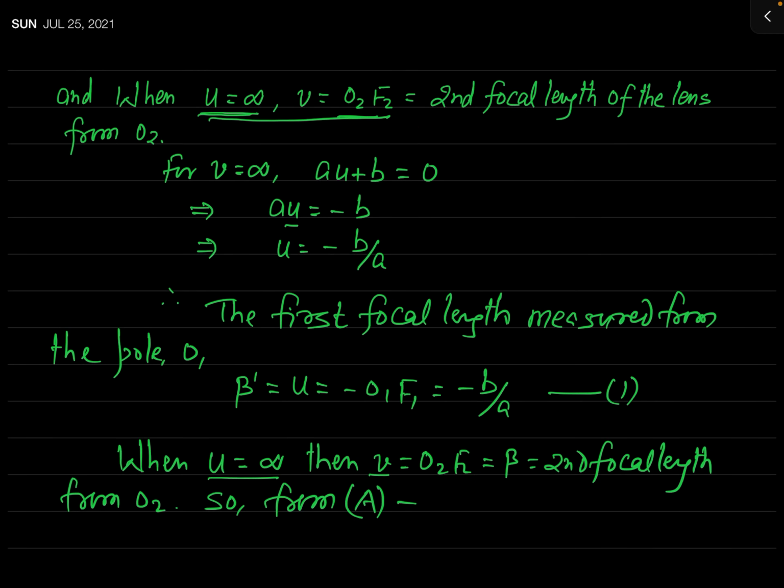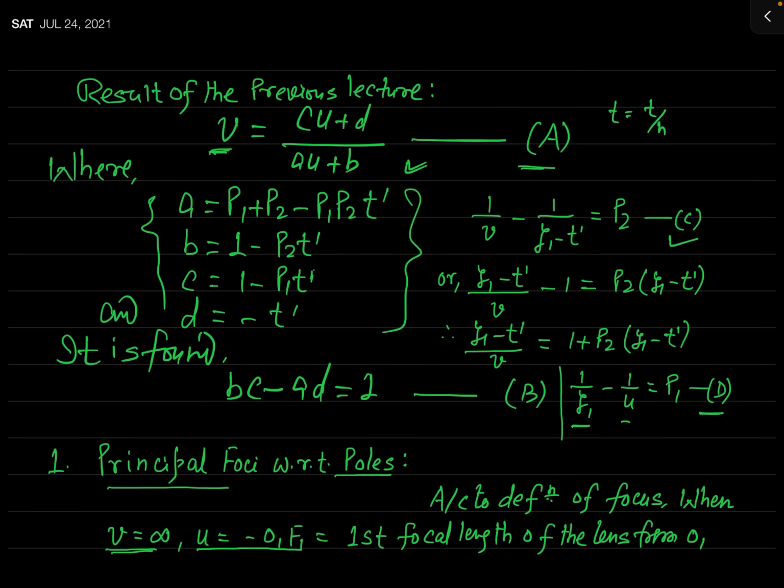You can see for equation C, here in place of V is V and in place of U is Y1 minus T prime.